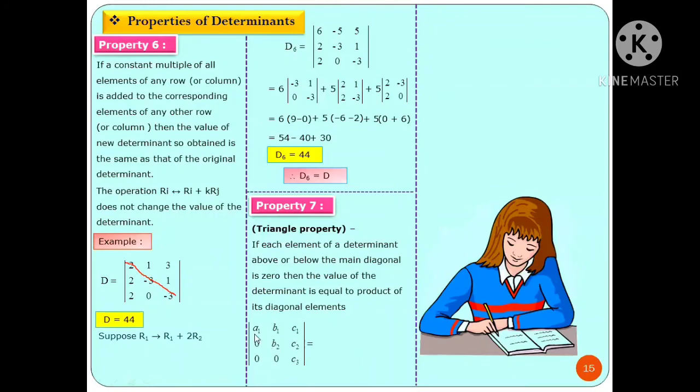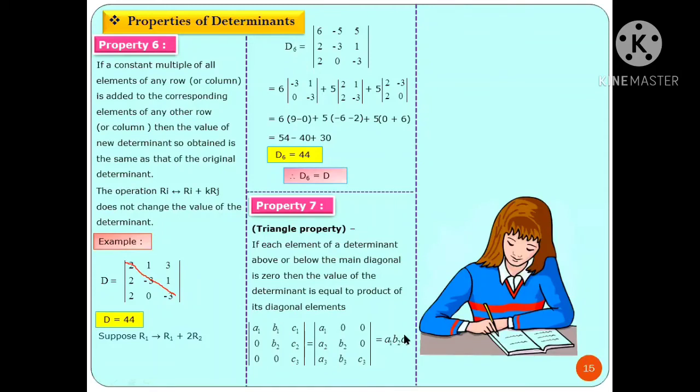Next possibility: the elements in the first determinant given below the diagonal are 0. Otherwise, the determinant elements above the diagonal, check here, all these elements above the diagonal are 0. In both cases, the determinant value is the product of the diagonal elements, A1 into B2 into C3.